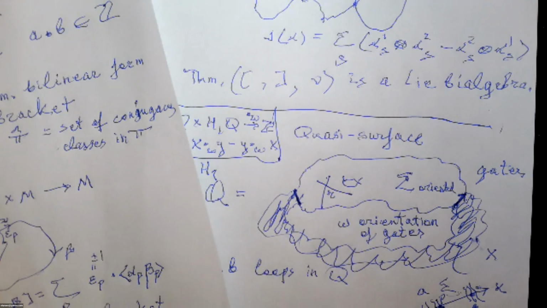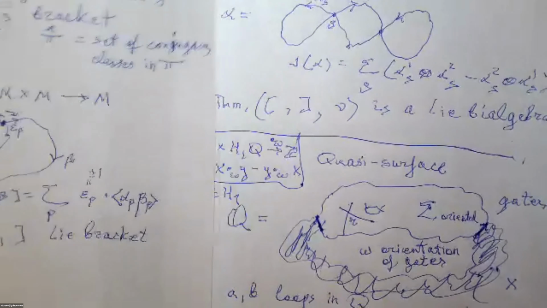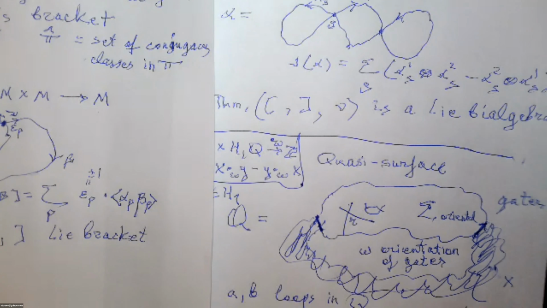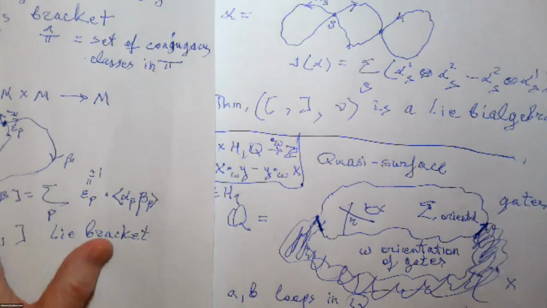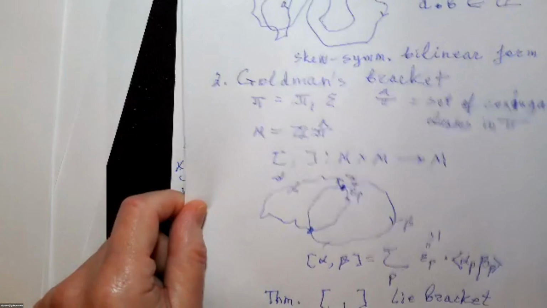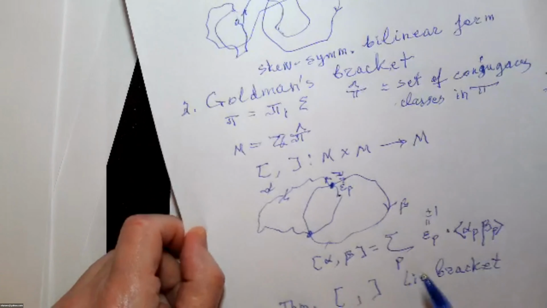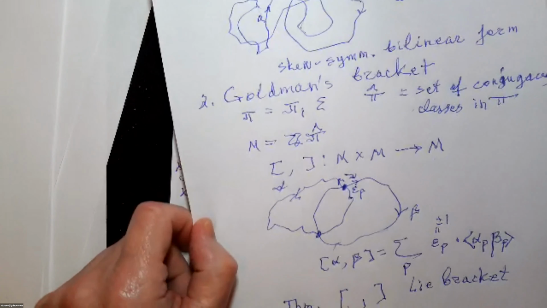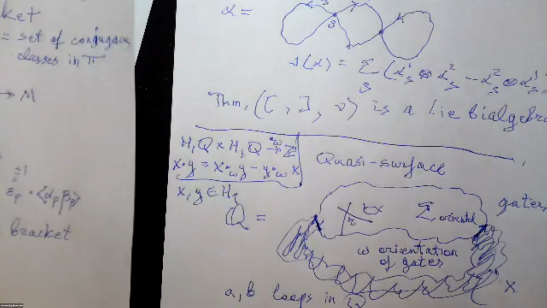So the idea is still the same. We have those gates, we orient them. One loop always goes on the left, towards the beginning of the gate. The second loop, yeah, I'm just talking about the Goldman bracket. How to define the Goldman bracket in this case? Of course, we have this part. That is the part which happens inside the surface. So inside the surface, it's still the same thing.